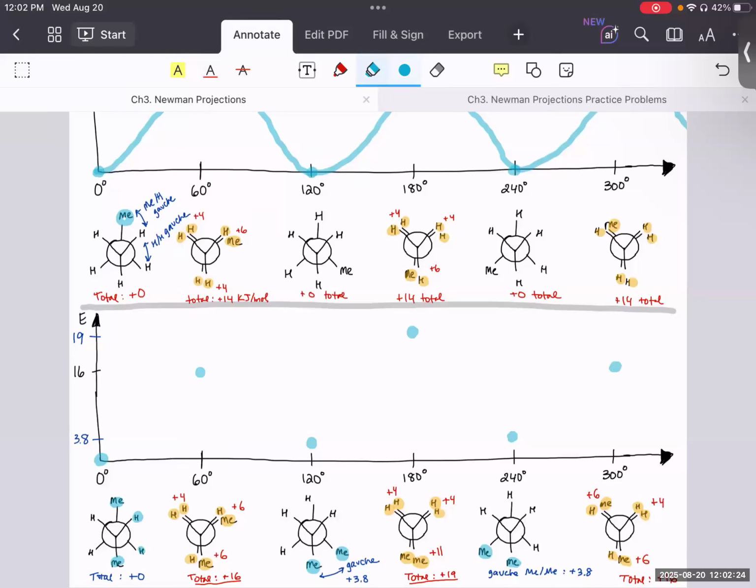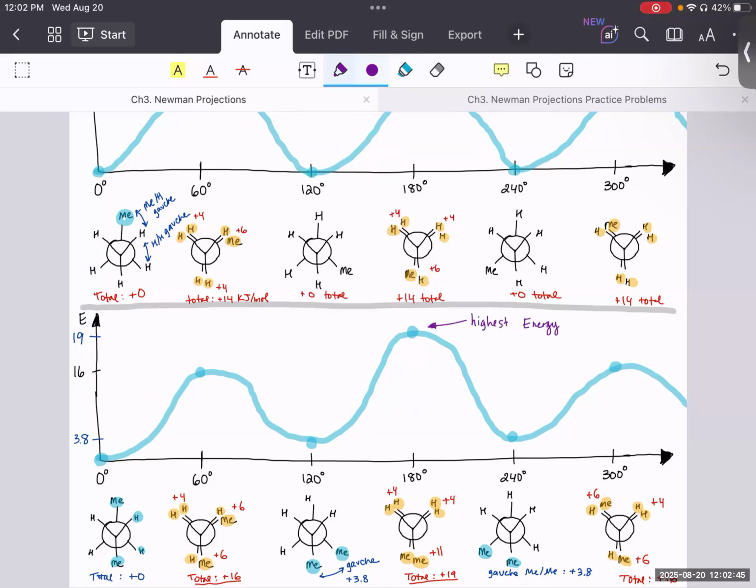All right, next we can fill in that wavy pattern. And what we notice here is that the worst state or the highest energy is this one.